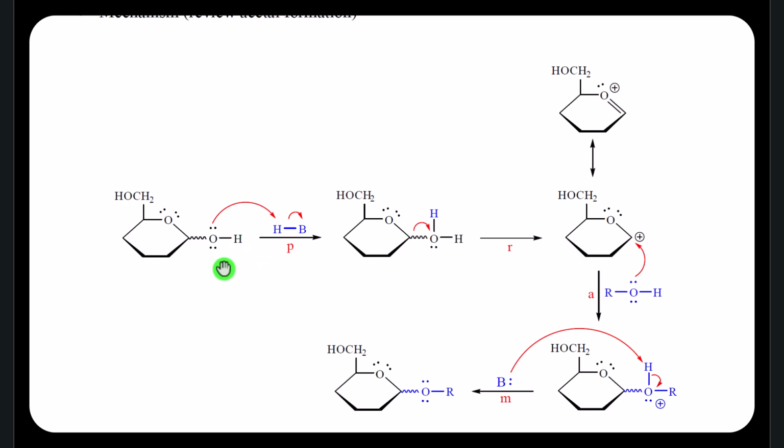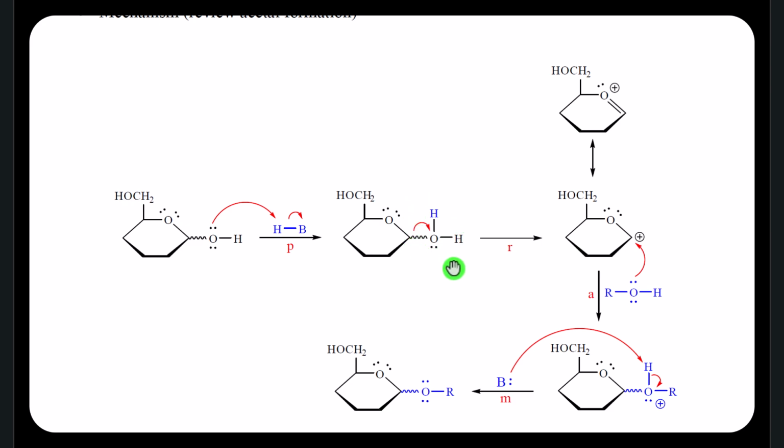So what we're going to do is first protonate the hydroxyl group. So the oxygen lone pair reaches out, makes a bond to a hydrogen on our generic base, and we obtain this intermediate, which, by the way, has a typo that I will have to fix later. It's supposed to have a positive formal charge on the oxygen. So that's our protonate step.